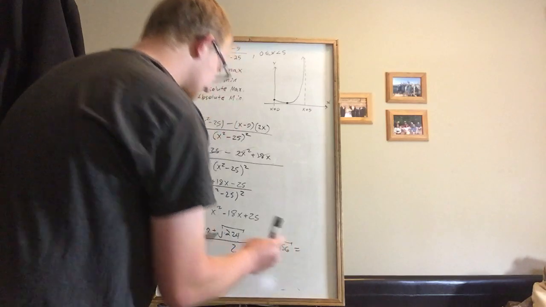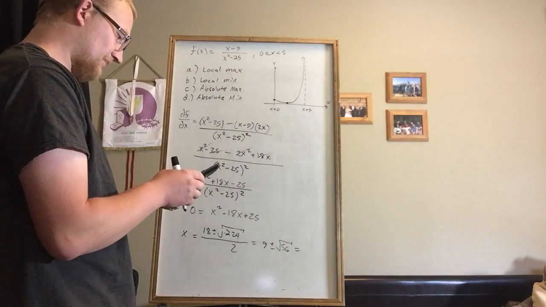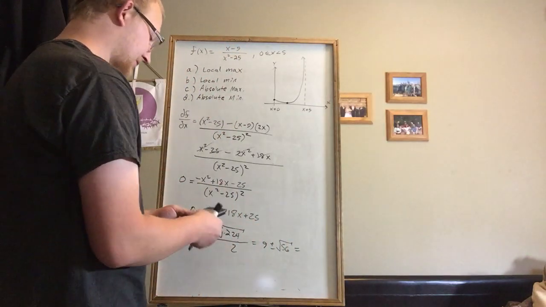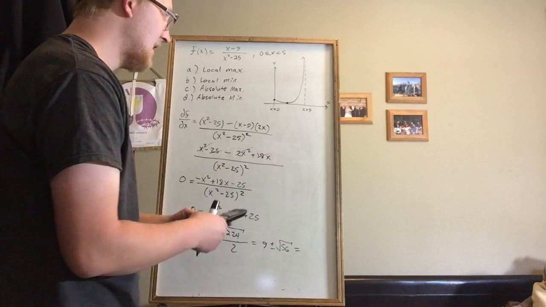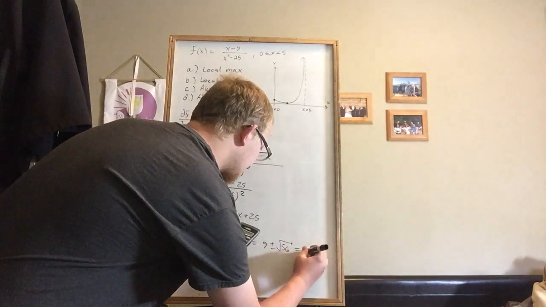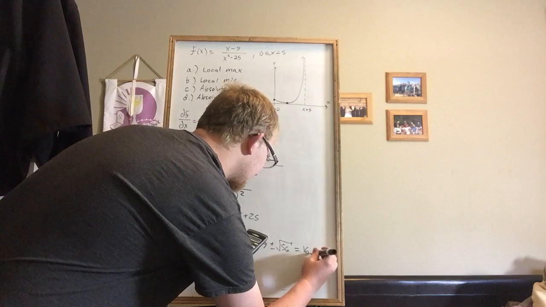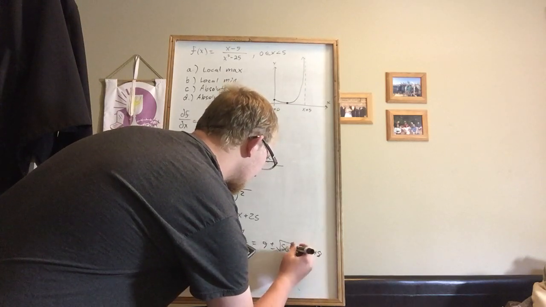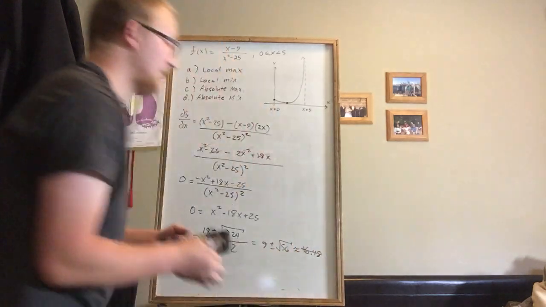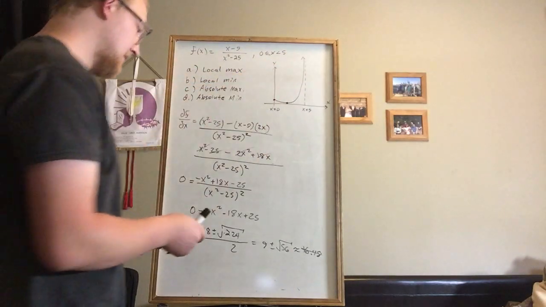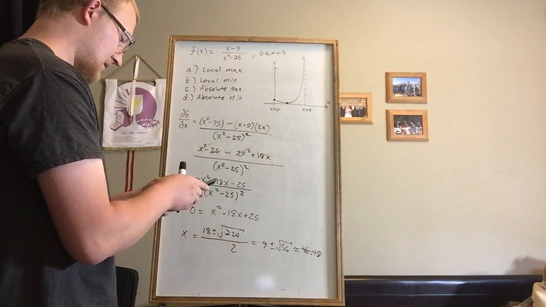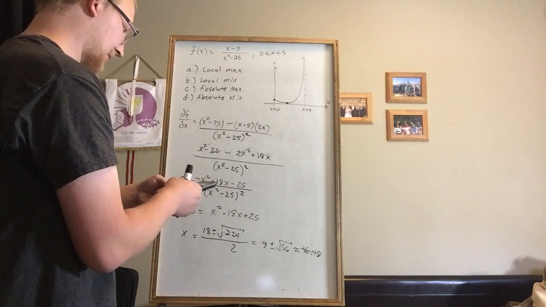So let's do some decimals. Square root of 56 is 7.48 roughly. If I add that to 9, I'm out in the 16 range, 16.48 roughly. I don't want this value because it's above 5. And then what if I take 9 minus the square root of 56?